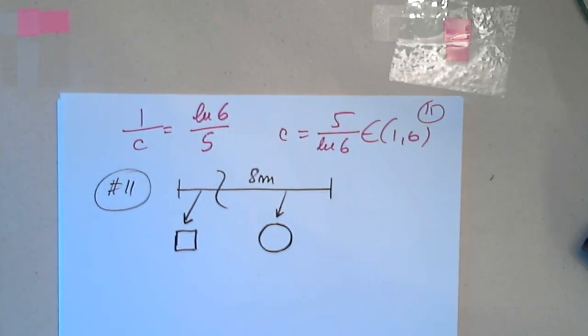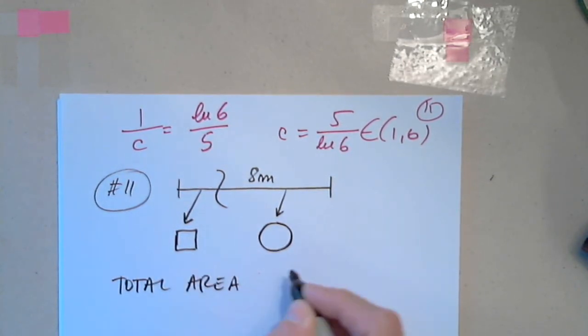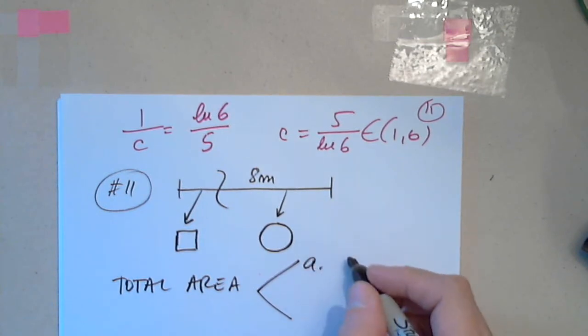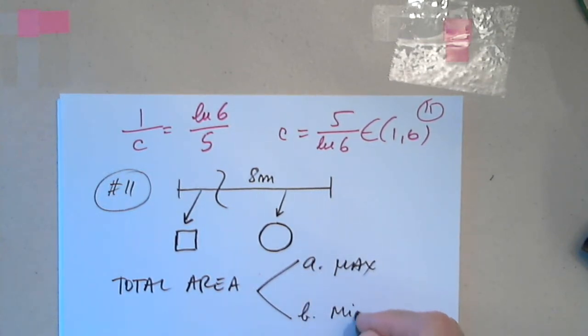Okay. So we basically want to find the maximum area and the minimum total area. So total area, and we want in part A, find the max, in part B, the min. But we have to be careful how we answer it, so we'll get there.